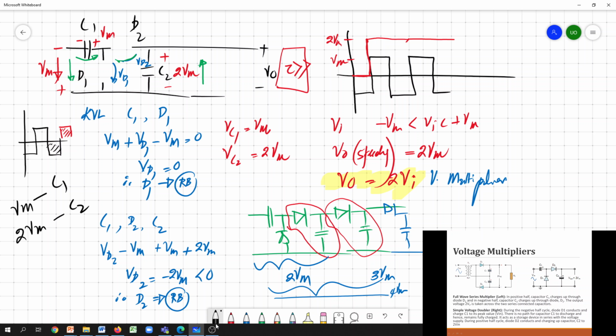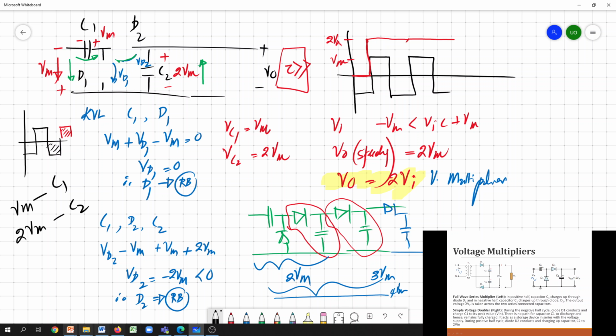Depending on those blocks, the voltages appearing across these capacitors may be Vm, 2 Vm, 3 Vm, 4 Vm, or maybe a set of voltages like 2 Vm, 4 Vm, 6 Vm, or an odd set like Vm, 3 Vm, 5 Vm, or both odd and even like Vm, 2 Vm, 3 Vm and 4 Vm. So this is the simple idea of the voltage multiplier.